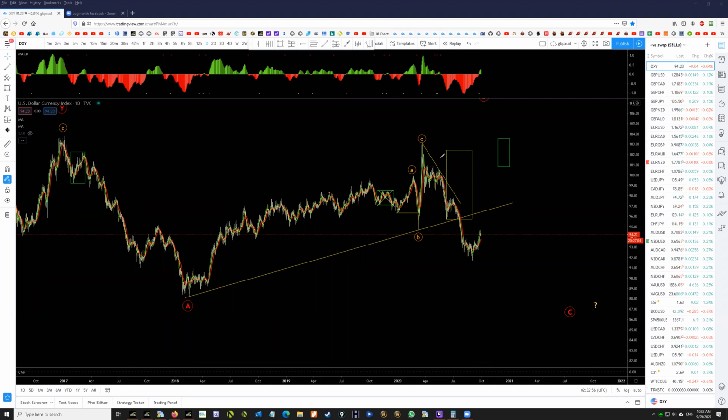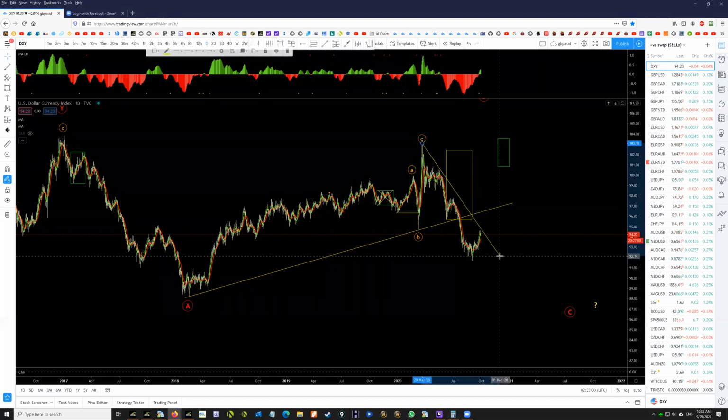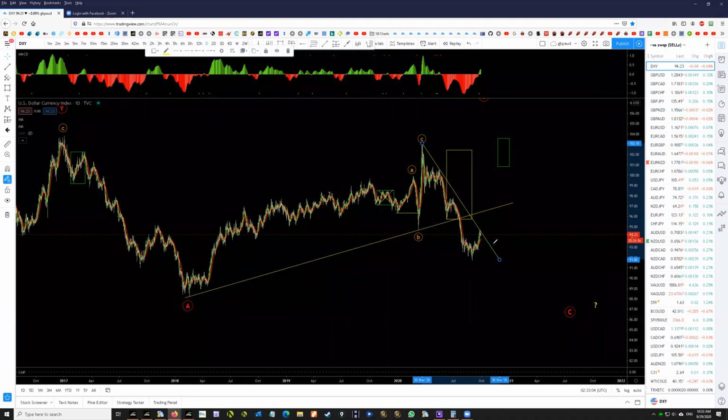It looks to me that this currently is also in a downtrend, the DXY. Currently in a downtrend, so it's come back to this level over here, trend line over here. But let me see.